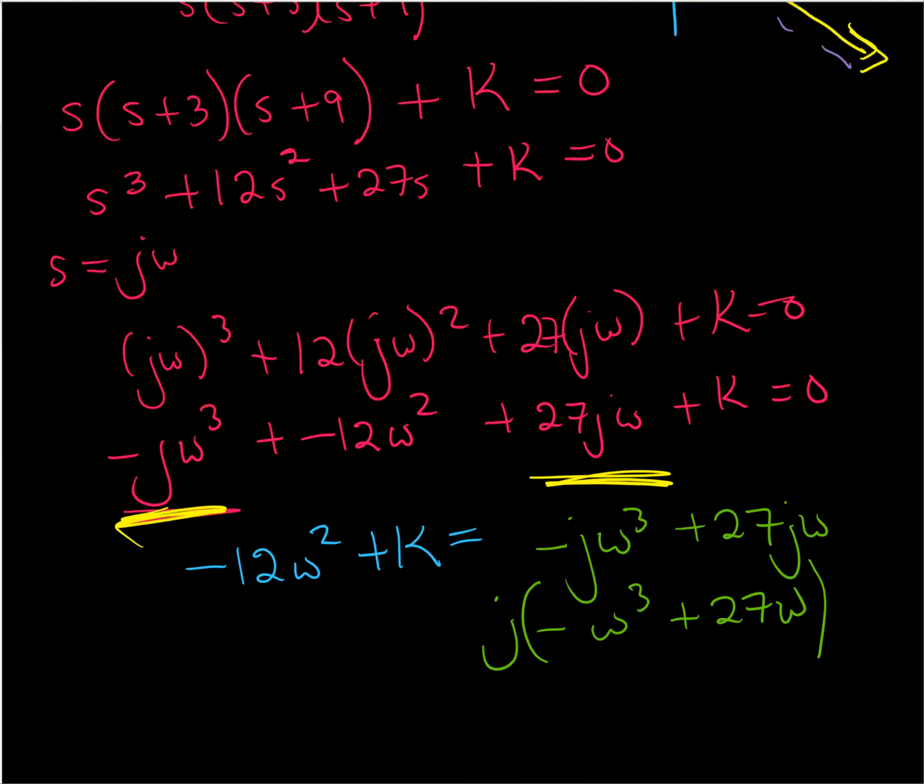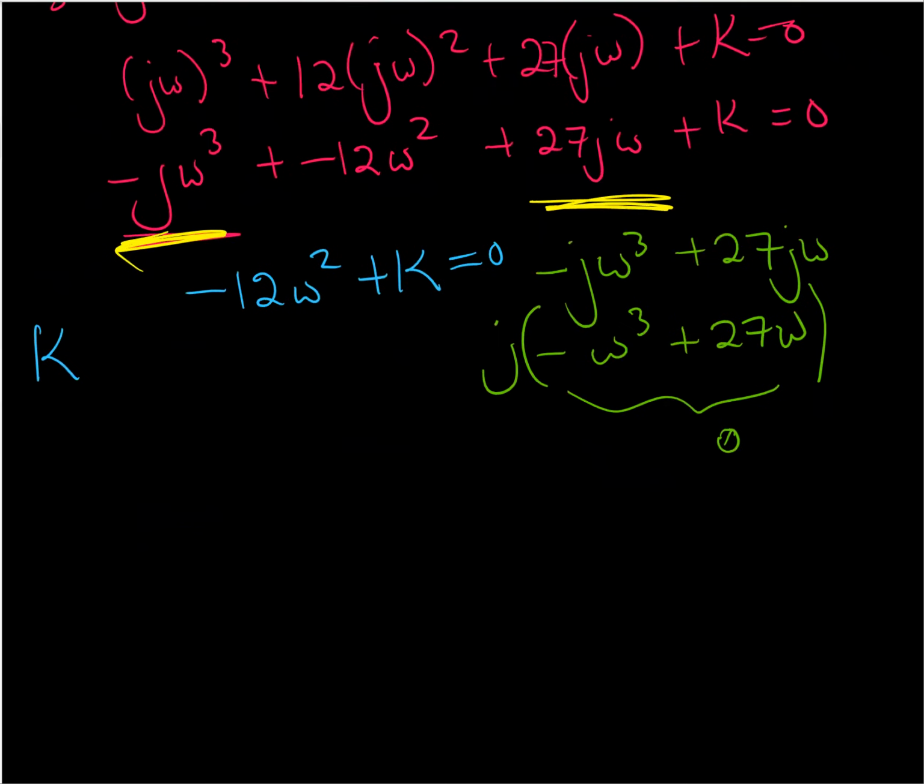So this must go to 0, and this bracket must go to 0 in order for the whole thing to be 0. So I can solve the first equation to find that k is equal to 12 omega squared.